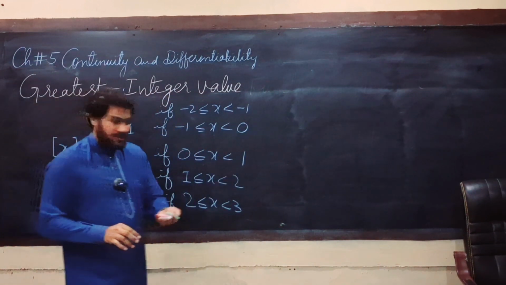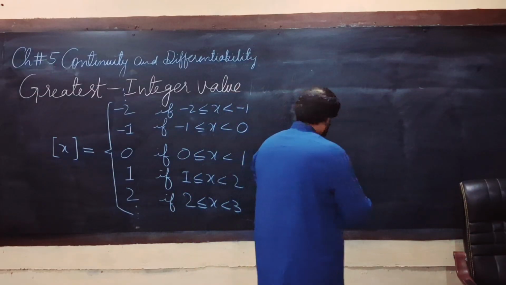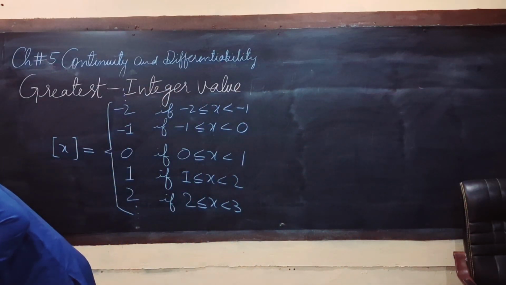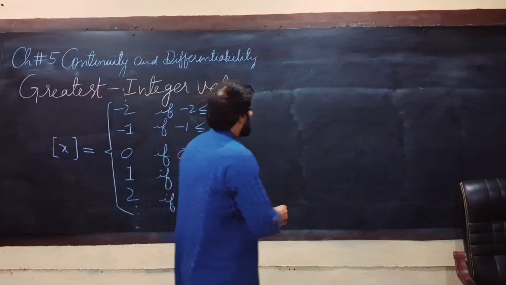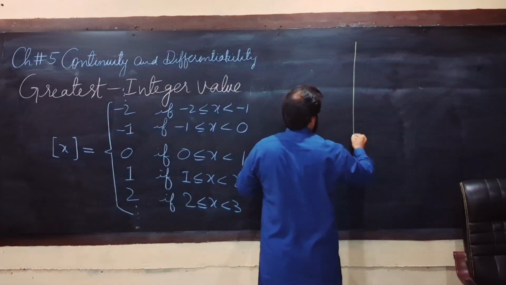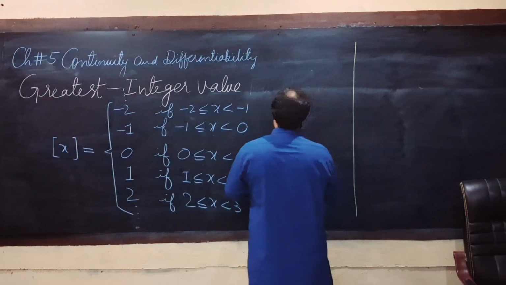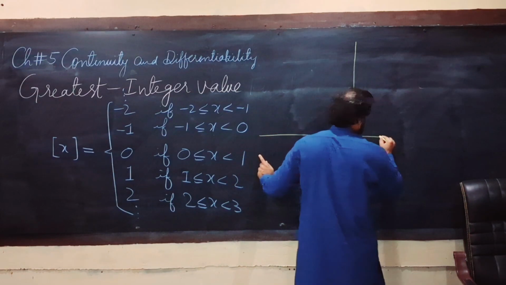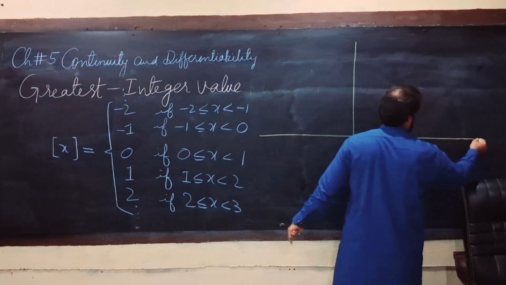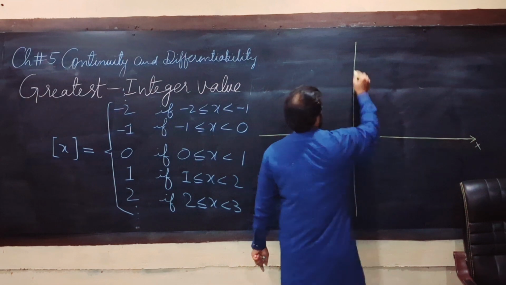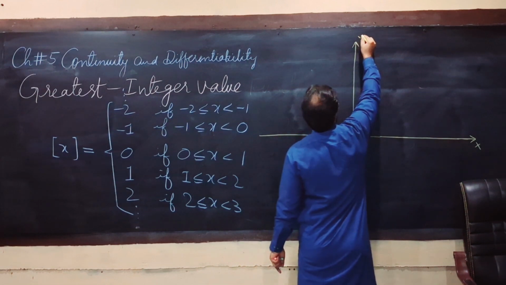First we draw the x-axis and y-axis. This is my x-axis, this is my origin, and this is my y-axis.